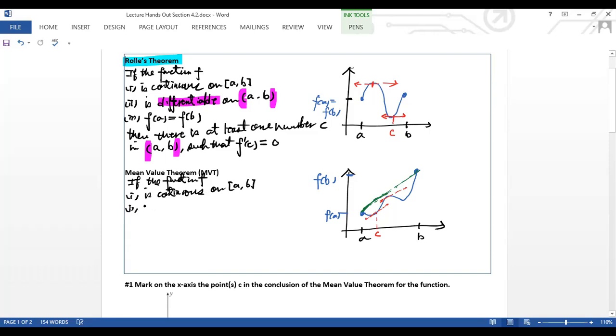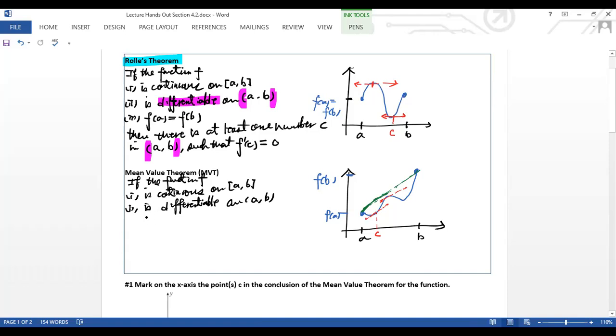And we also say this is differentiable on (a, b), right? That means differentiable, it has to have smooth turns. So you cannot have sharp corners or anything like that, right?